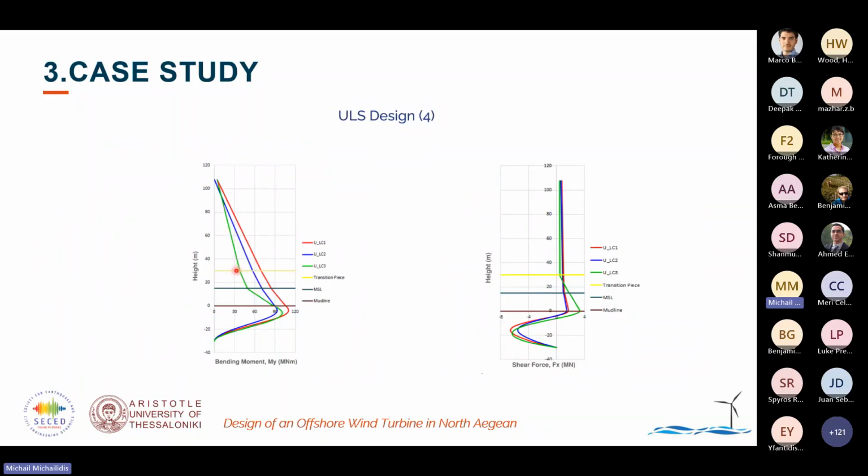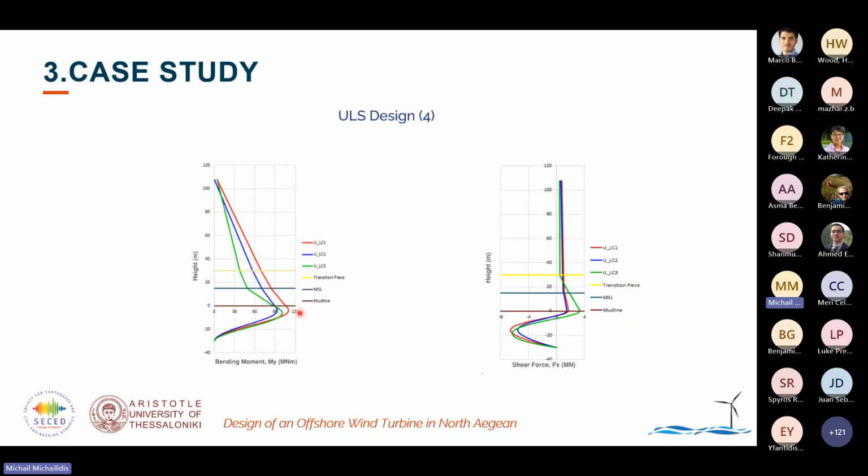In this slide, we can have a comparison between the bending moments across the whole structure, including the penetration length and the top of the tower, and on the right hand the shear forces as well, where we can observe that the most critical points are right underneath the mud line surface, across the penetration length.